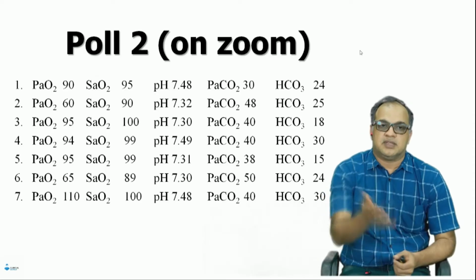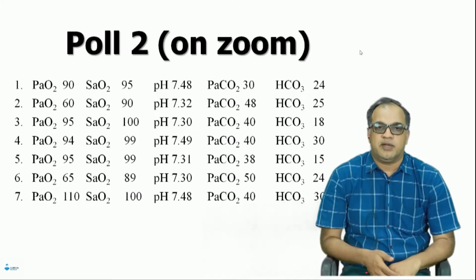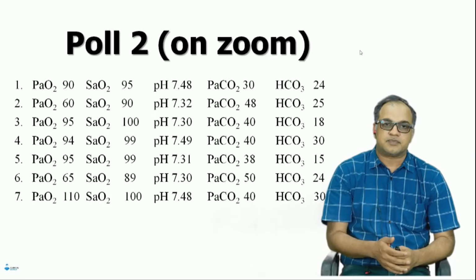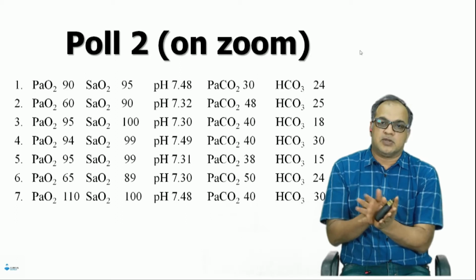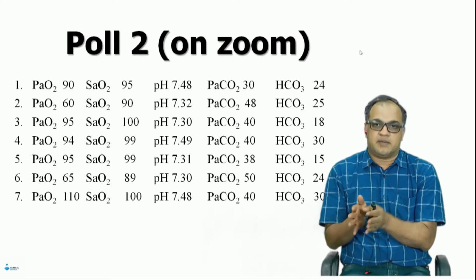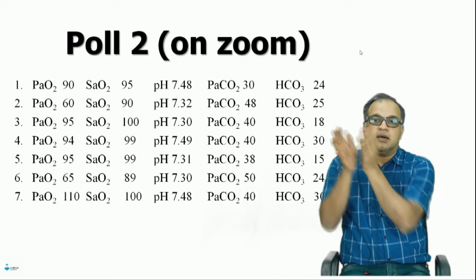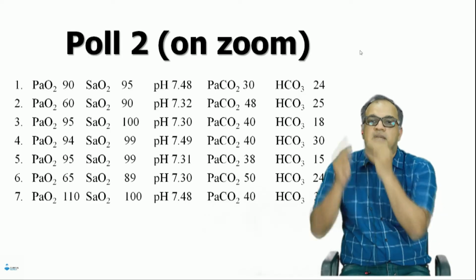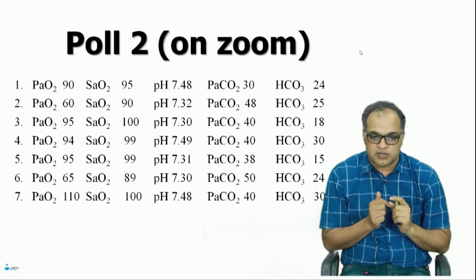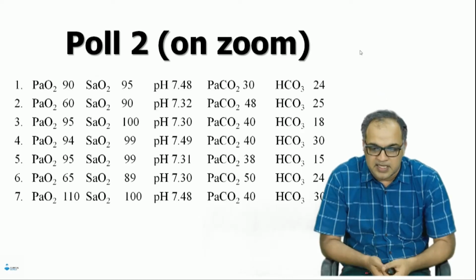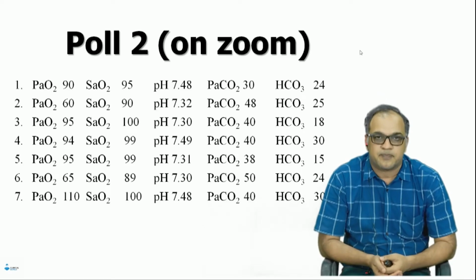I'll do one for you, the 7th one. pH is 7.48, it is alkalotic, right hand side. PCO2 is normal. Bicarb is also alkalotic. So bicarb, that is the metabolic component, and pH alkalosis, so metabolic alkalosis. So the 7th I have solved for you. 1 to 6 you have to solve. As soon as I get the results, we'll go further.